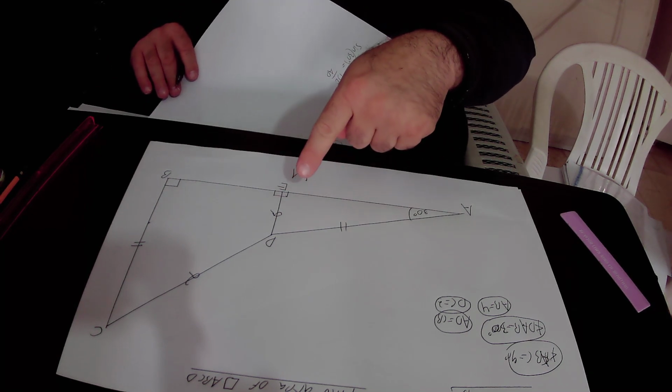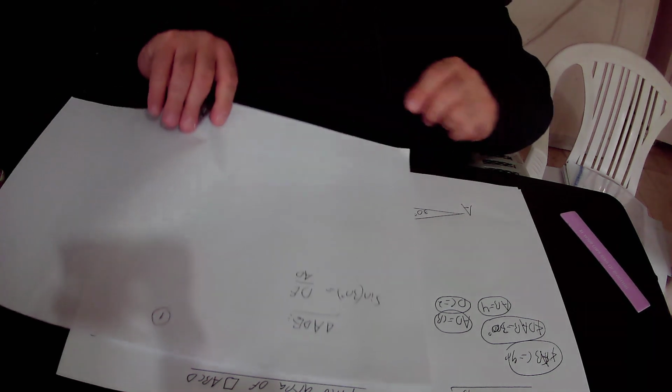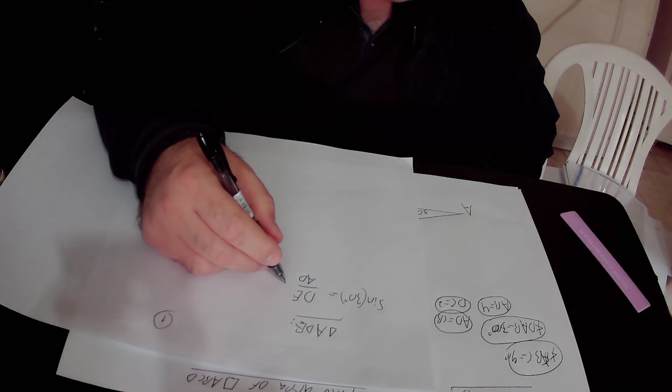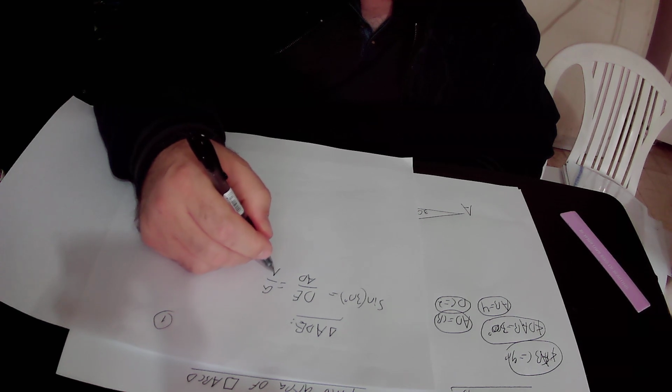But DE equals A units according to our definition, so we can substitute DE by A. So it is A over AD.